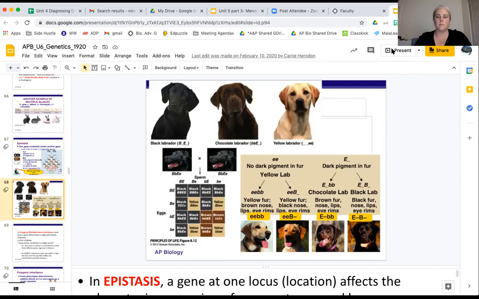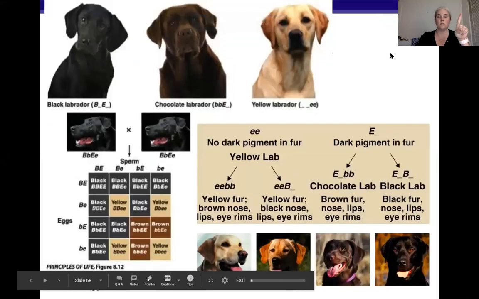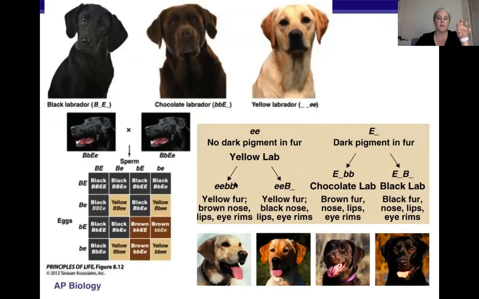Okay. What epistasis is, is where one gene, totally separate, this is not the pigment gene, is the on-off switch for a totally different gene for the pigment. So let's talk about the pigment. If you don't have a functioning version of the pigment gene, then you don't make the pigment.